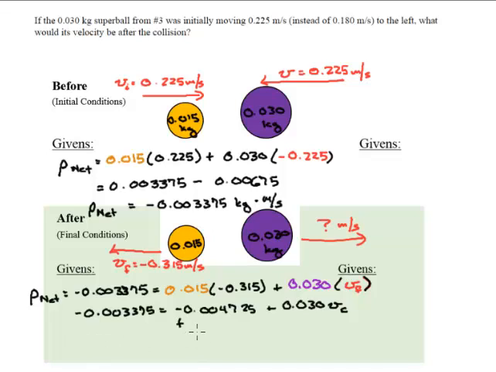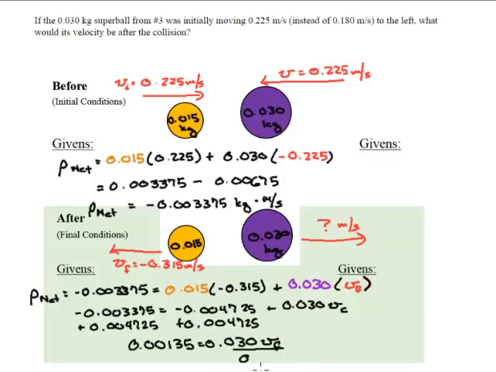When I add 0.00475 to both sides, I get a grand total of 0.00135 equals 0.030 velocity final.